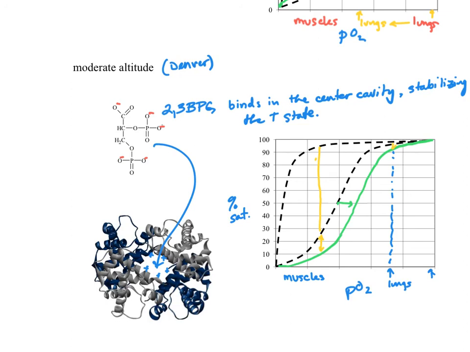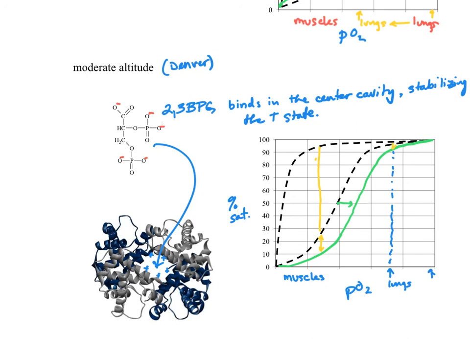So one last note about 2,3-BPG. This happens all the time, even when you're not necessarily at high altitude. In fact, if you have chronic heart disease or emphysema and you're not getting enough oxygen, your body thinks you might as well be at 15,000 feet or 10,000 feet, and it makes more 2,3-BPG, and that helps deliver more oxygen for people with diseases that are hurting their ability to get oxygen into their tissues.